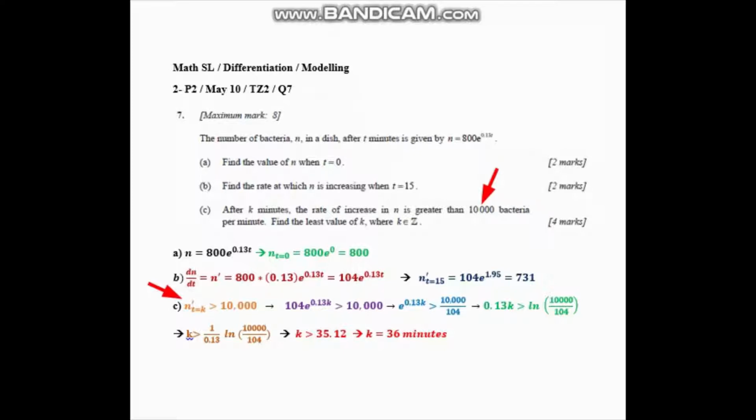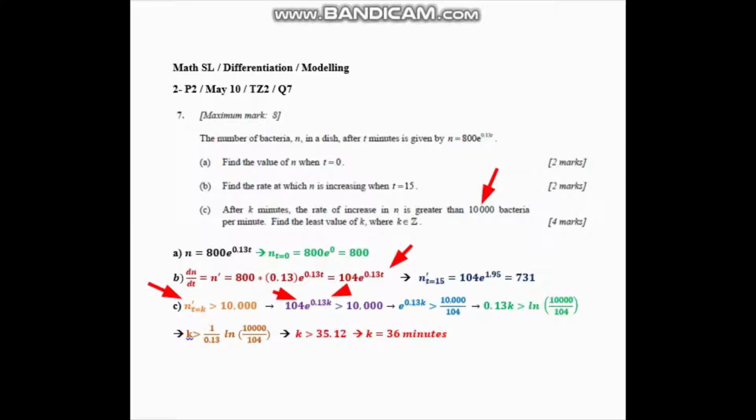And we know from B that N dash is given by 104 e to the power of 0.13 t. But instead of t, I'm going to write k because this is the value of the time that I want to find out. So 104 e to the power of 0.13 k is greater than 10,000.